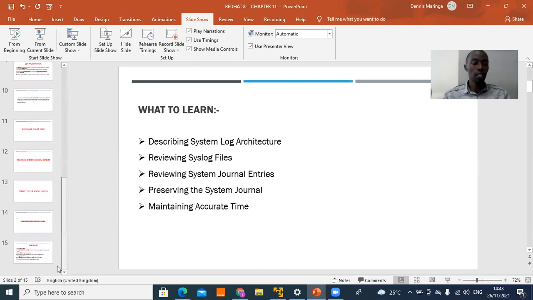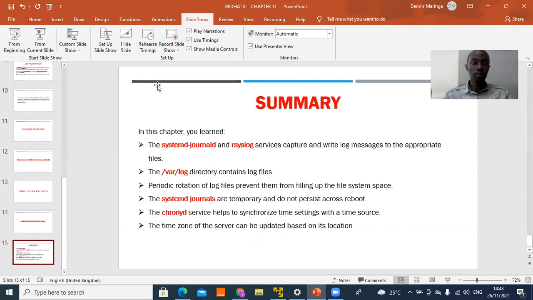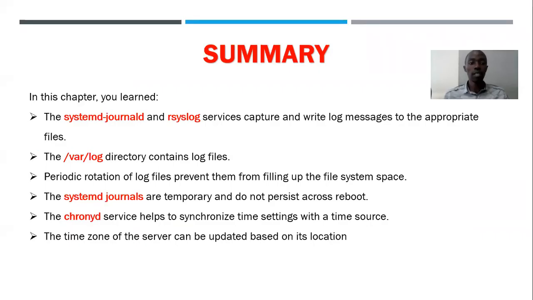To summarize this chapter: the systemd, journalctl, and rsyslog services capture and write log messages to the appropriate files. The /var/log directory contains log files. Periodic rotation of log files prevents them from filling up the file system space, that is, it frees disk space.